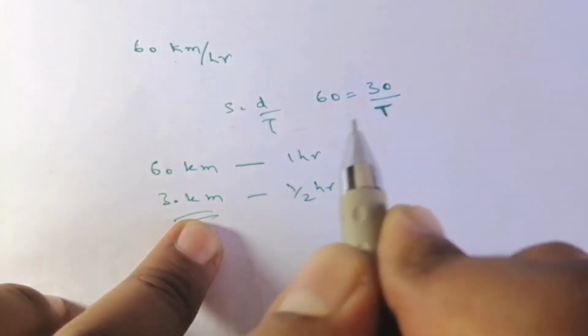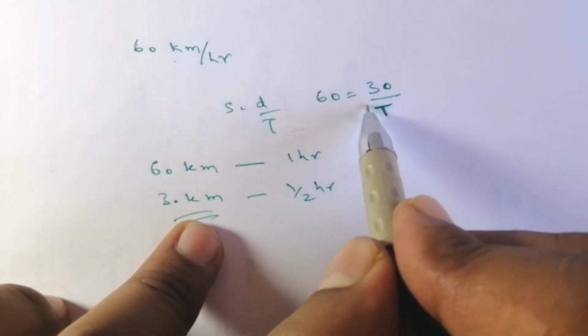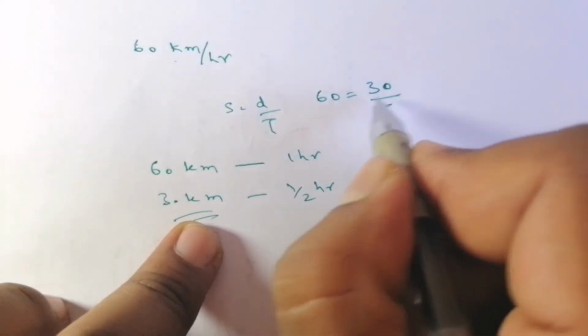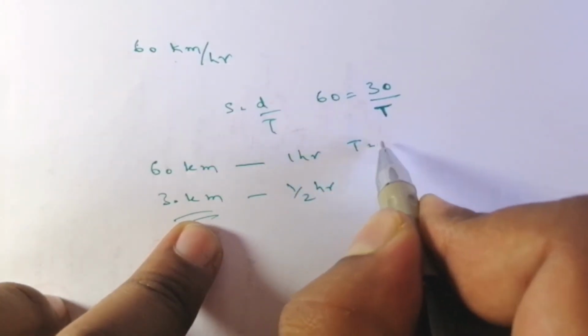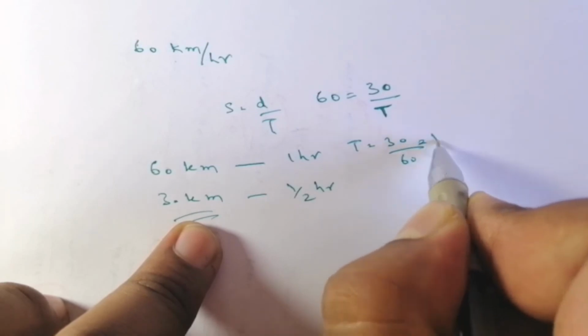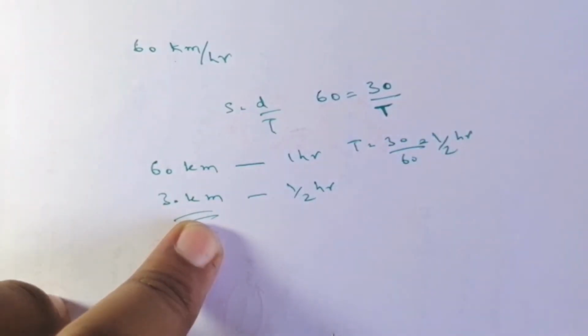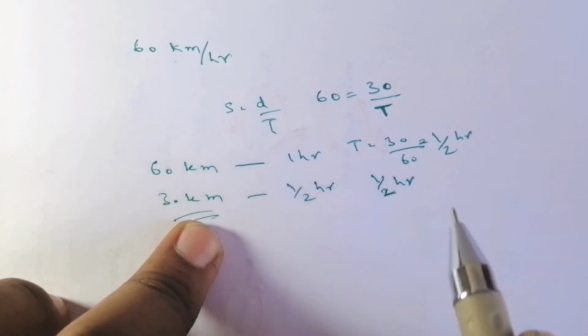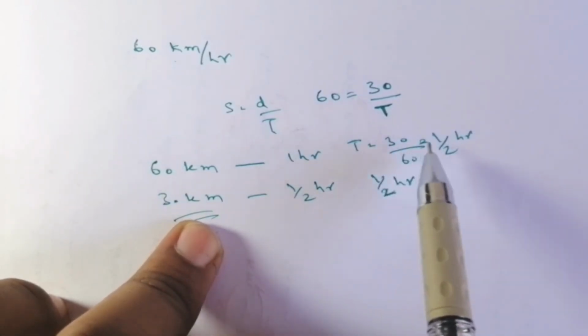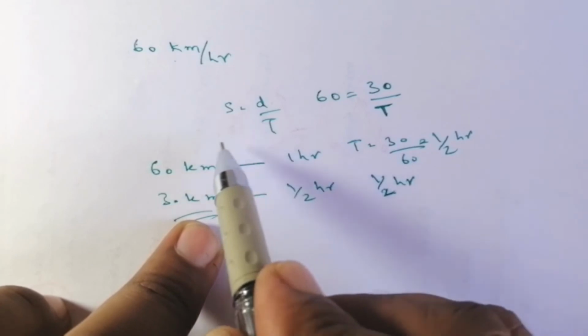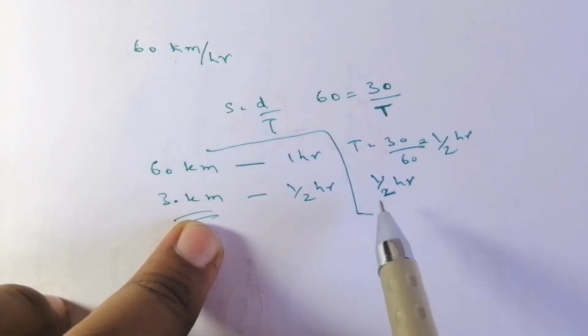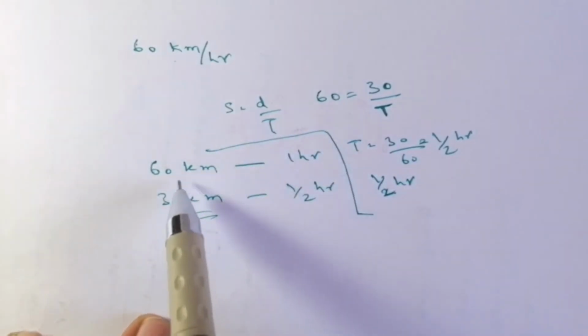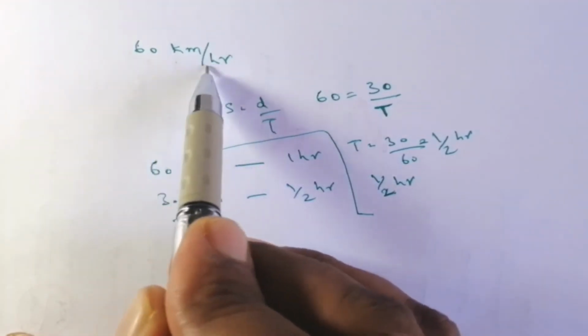So t equals 30 by 60, which is nothing but half an hour. So there is no need to represent everything in a formula. Sometimes we can easily find the answer directly from the given values.